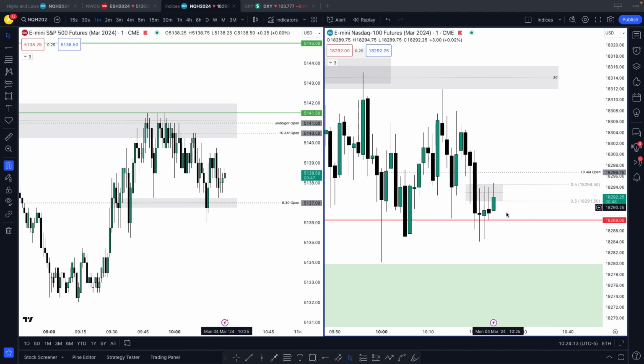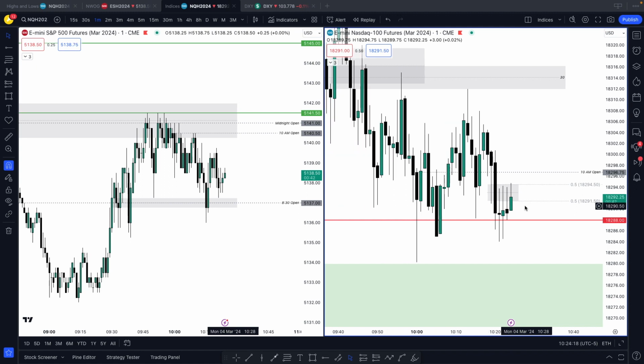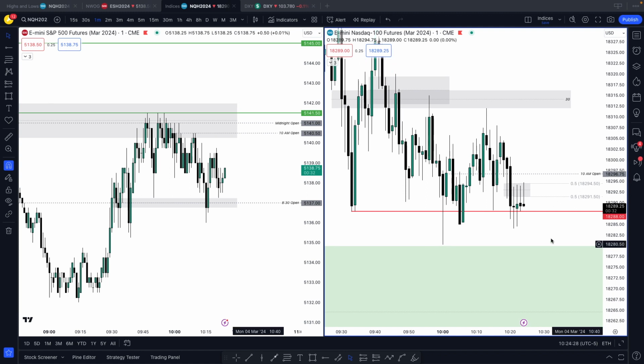It's not really something that I look at, or I don't think of it much in that way really, because I'm just looking at the wicks themselves to represent the premium or discount arrays, but that would be your range.